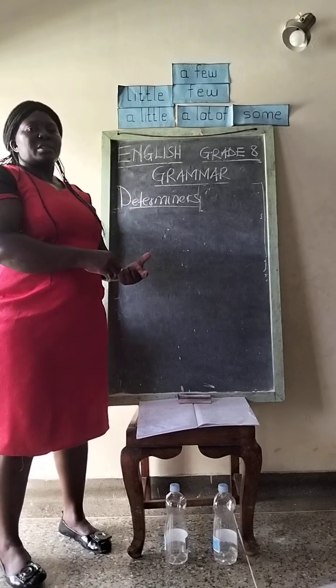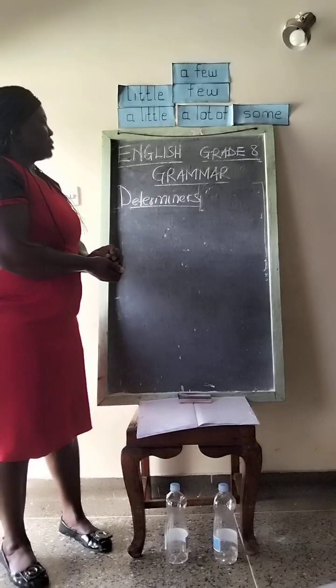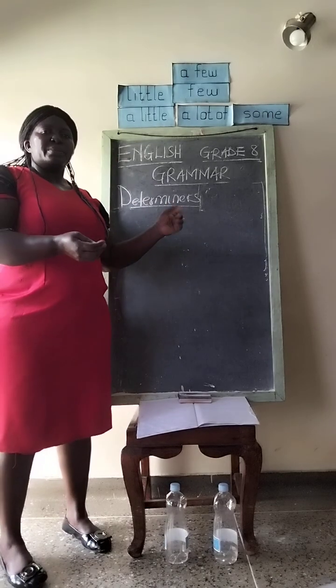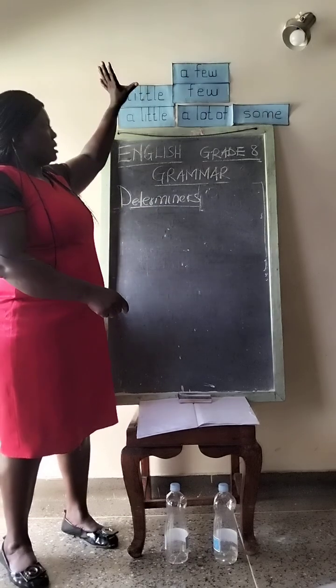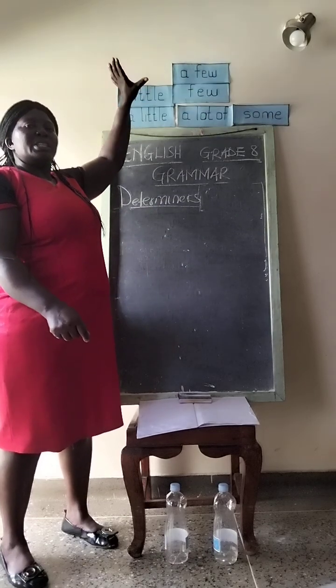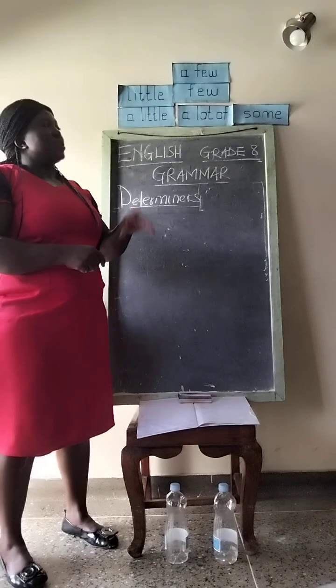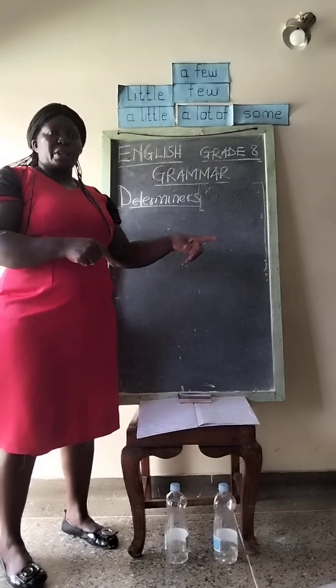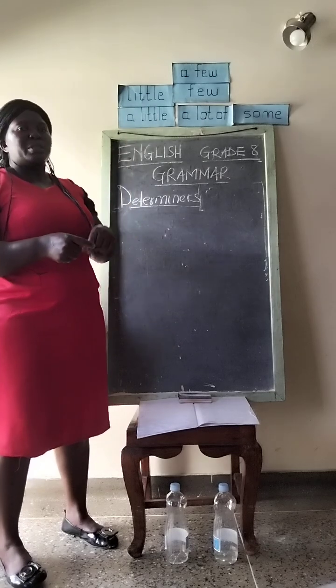You cannot count sand. So we have countable and we also have uncountable nouns. So when we are using quantifiers, we need to check: do we use this with a countable noun, or with an uncountable noun, or can we use it with both countable and uncountable nouns?